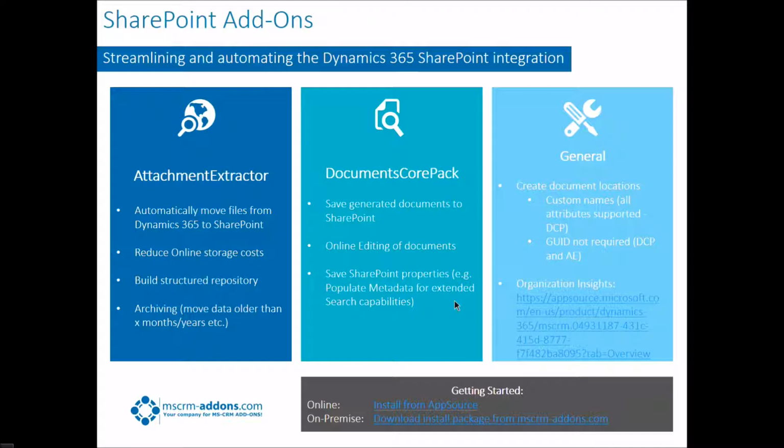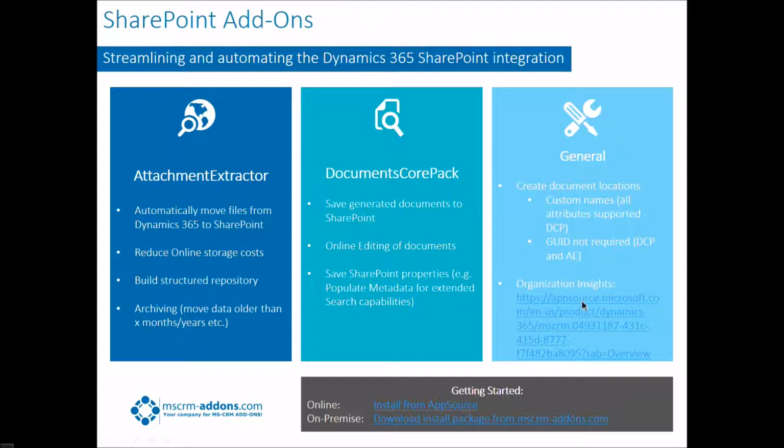We're also able to handle long names. For example, with an opportunity, there's a certain number of characters you can have for a folder name. We're able to cut that down to where it's still readable, but you're still able to get that into SharePoint, so you don't have any errors there.